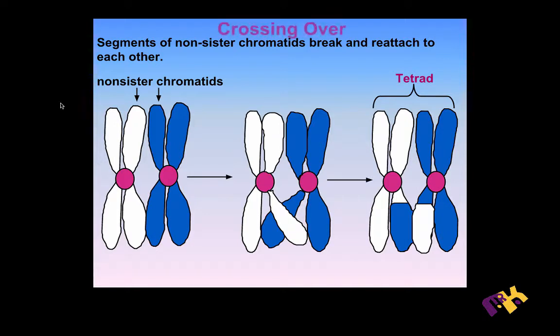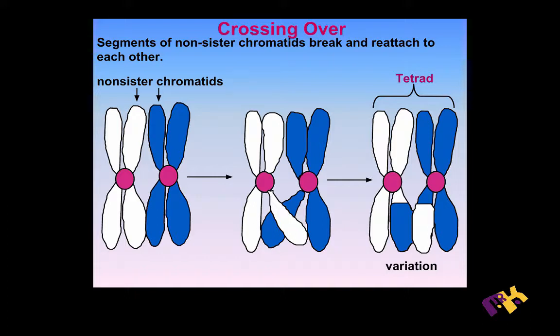This causes crossing over. Every crossing over event is known as chiasmata. This chiasmata event can happen in multiple locations along a sister chromatid or along a telomere. What you end up getting at the end is some variation. You get sister chromatids that are no longer identical because, next to its non-sister neighbor, it swaps around some information.